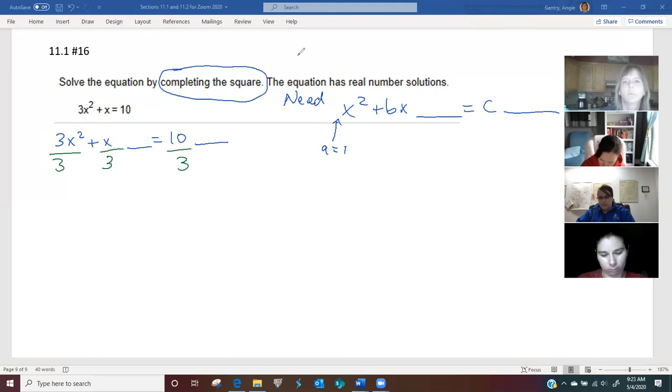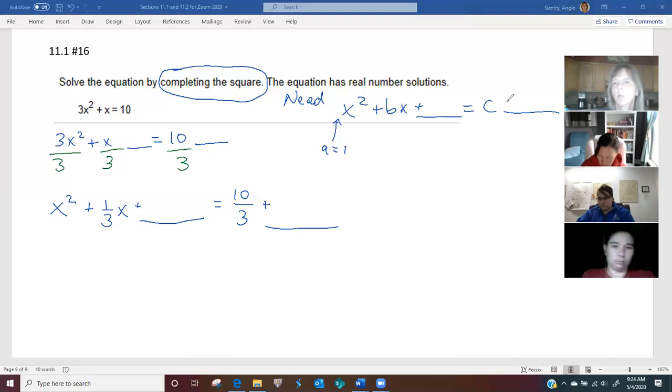Because this is an equation, whatever you do to one term, you have to do to all. So 3x squared over 3 is just x squared. x over 3 is a third x, yes? Blank. Blank. And this is going to be a plus, and this is going to be a plus. I don't worry about that too much.